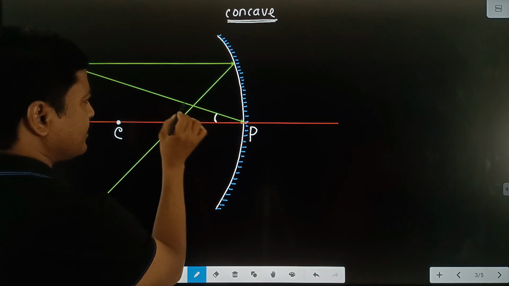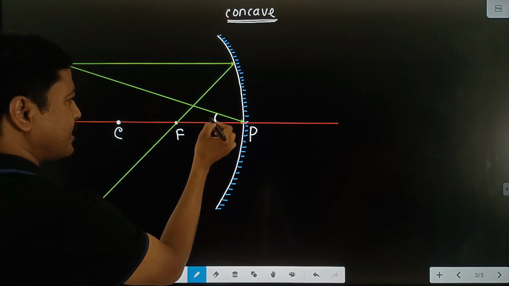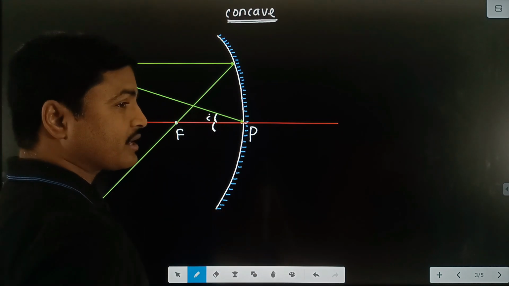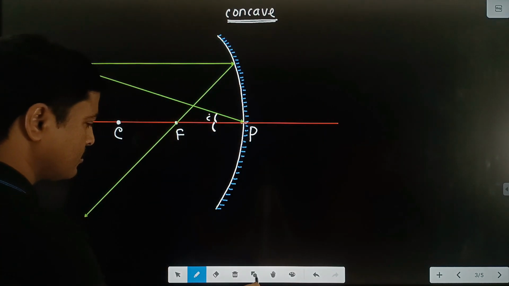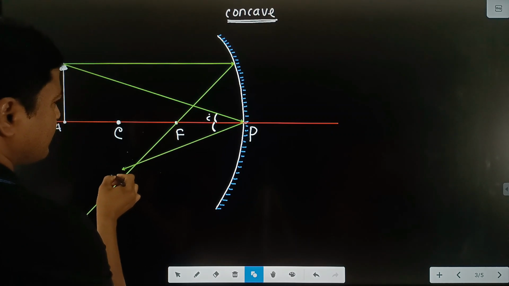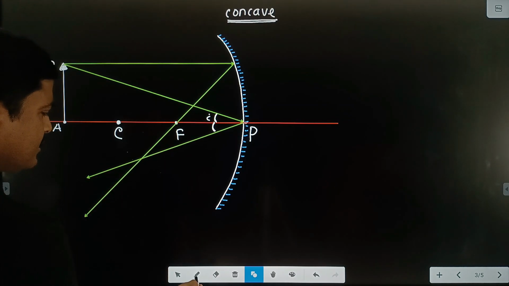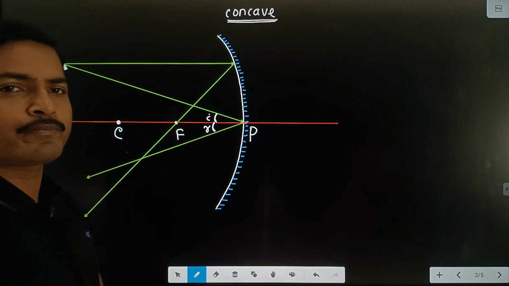The angle between the incident ray and the normal is the angle of incidence, which we write as i. Similarly, with an equal angle, the ray is returned back into the same medium, and we draw the reflected ray. This angle is the angle of reflection, which we write as r.